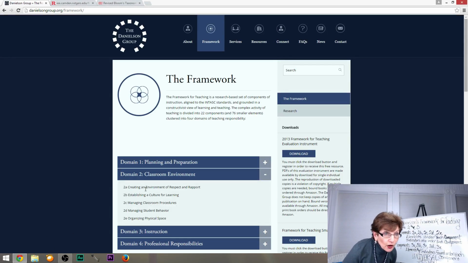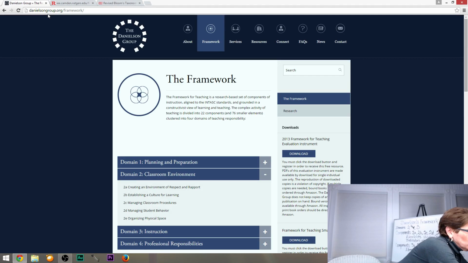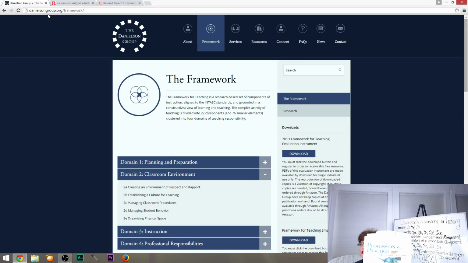So first, what I recommend is you go to this website or get a book that you may have in your school library. And I have this one. Can you see it? Professional Practice. I have another, more up-to-date one, but it is excellent. It's the 2nd edition of Framework for Teaching.